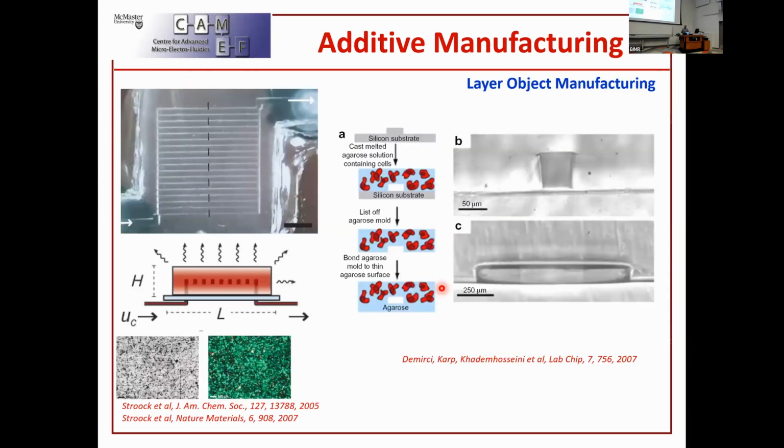Others during that period of time have also investigated other micro manufacturing processes, such as casting and molding techniques. One of the challenges in any of the tissue engineering processes is that as you go thicker, you need to perfuse nutrients and remove waste from these cells, and therefore any tissue that is greater than, say, 500 micrometers in thickness will become necrotic because of lack of oxygen, lack of nutrients, and ineffective removal of waste products.